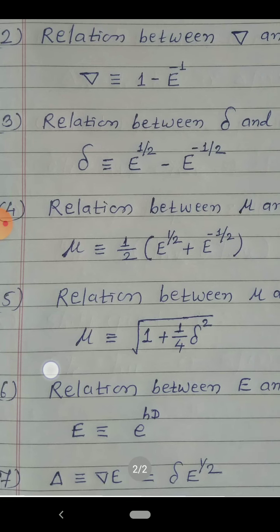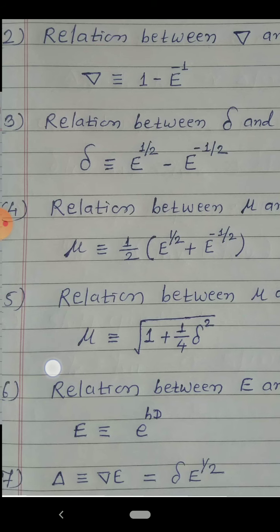First is del is equal to e raised to minus 1 delta. That means if you multiply by e raised to minus 1 here, you will get e raised to minus 1 delta is equivalent to del. And in this relation also we can write del e is equal to small delta e raised to half, and so on.